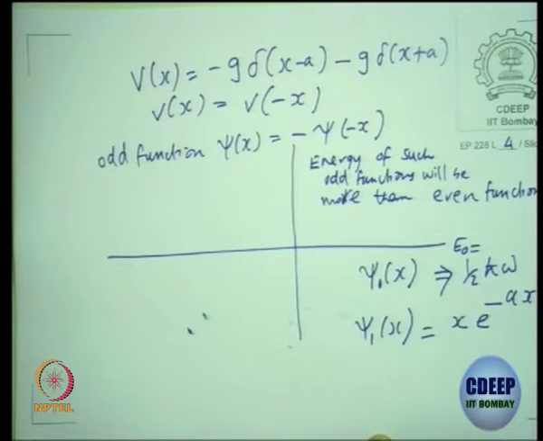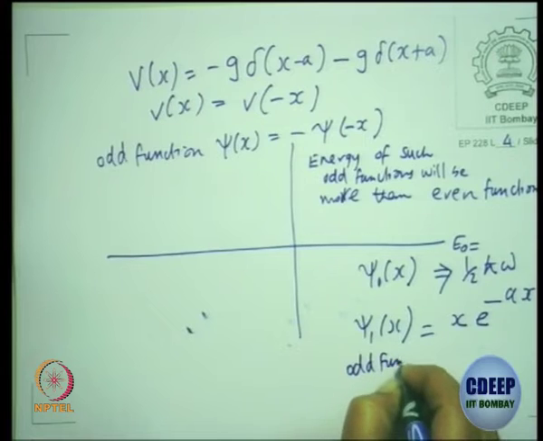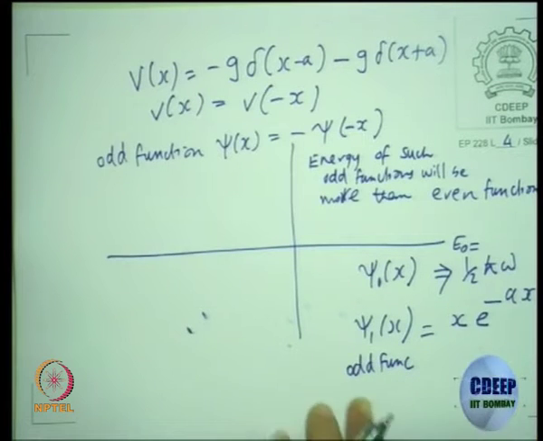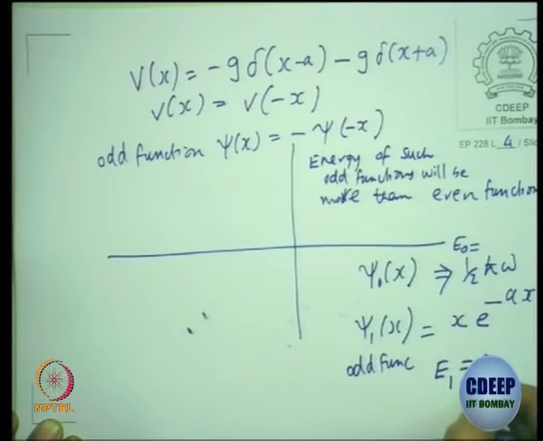This is an odd function, okay, whose energy you can work out by two methods. What is one method? Put this wave function in your time independent Schrodinger equation, compare powers of x, find the energies, right? You can do that. If you do that, what will you get? E1 to be 3 by 2 h cross omega.